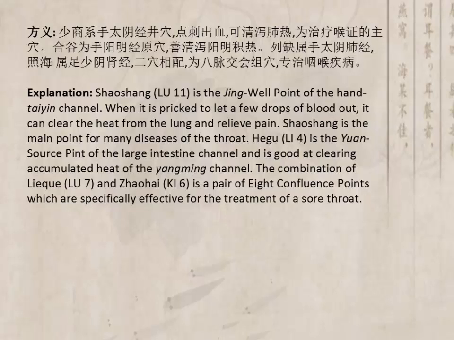The cause and the manifestation of the disease. So, you know, if you're only writing down 4 points and explaining why you're choosing those 4, if you replace a GB20 with DU14, that doesn't really matter. Both of them are serving the same function here.